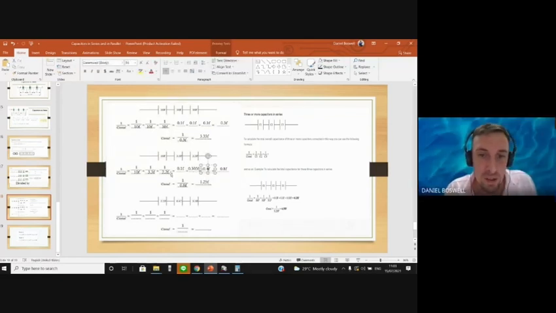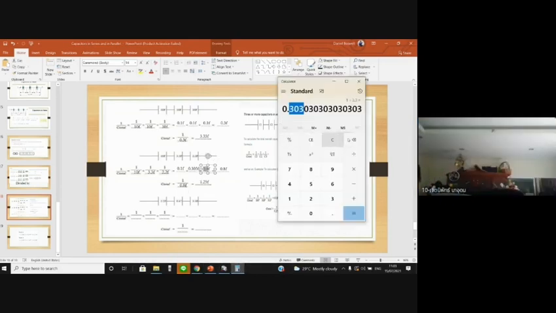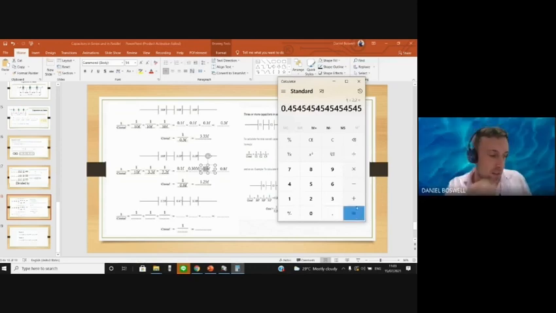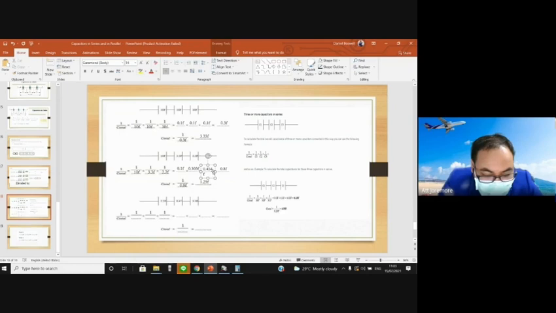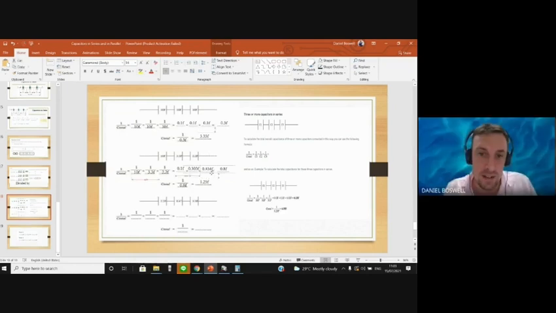Okay, and then we do 1 divided by 2.2. That gives us 0.454, so 0.454 we're going to use. Now let's get a correct answer here.